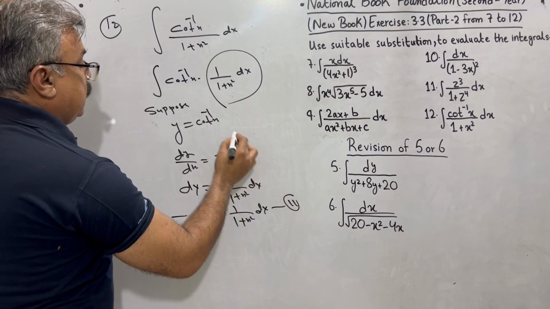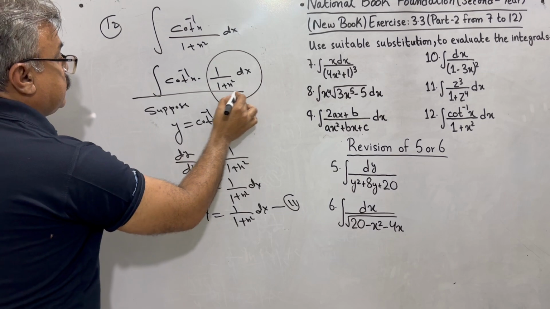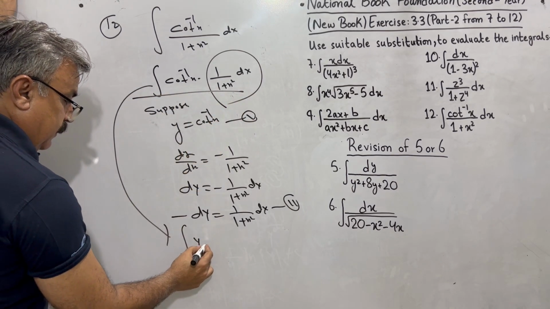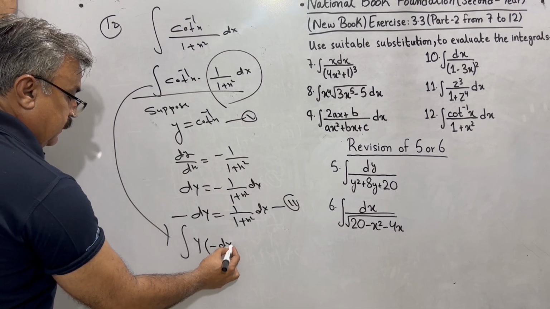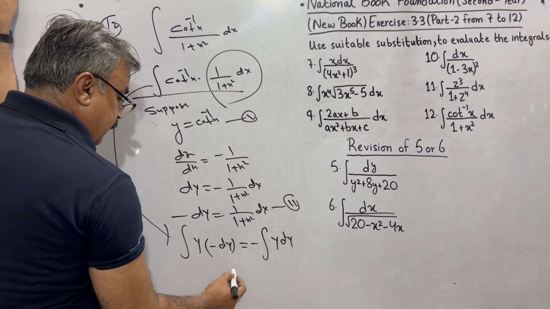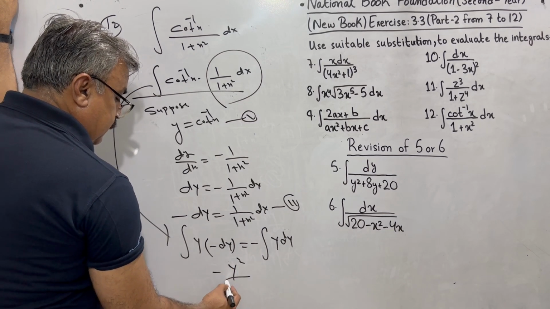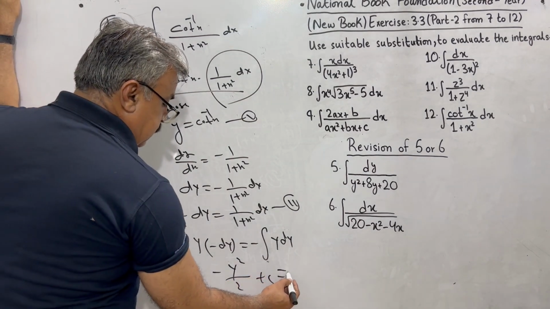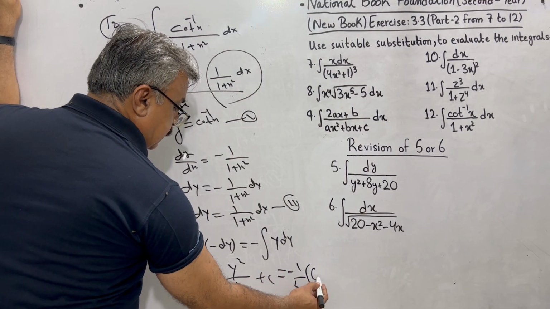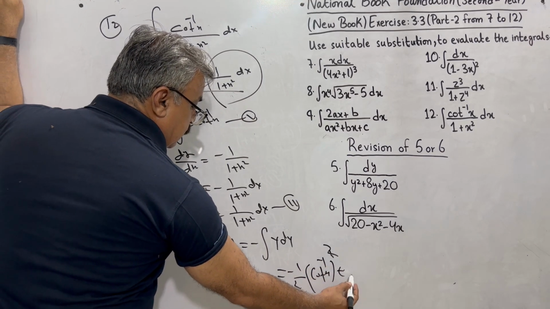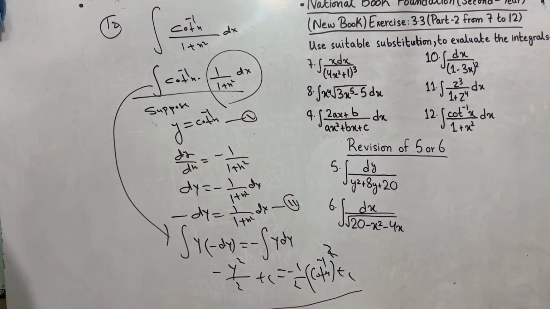That's our number 2. That's our number 1. Substitute here. It will become y and it will become our negative dy. Write minus outside, it will become y dy. Add 1 to the power. Y square over 2. We put the value of y, that is cot inverse x: negative 1 over 2, cot inverse x overall square, plus c, is the same answer that we did earlier.